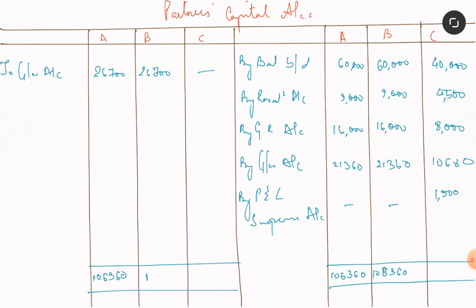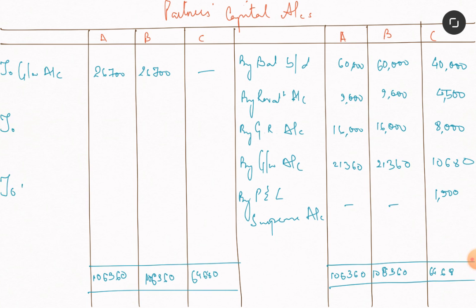They're sharing the same ratio, so basically it should come to the same amount only. And then for partner C, it comes to rupees 64,680. Okay, so let's calculate the balancing figures.